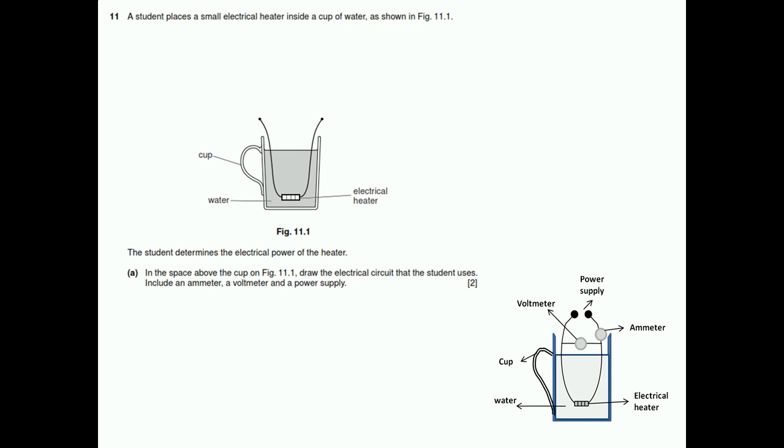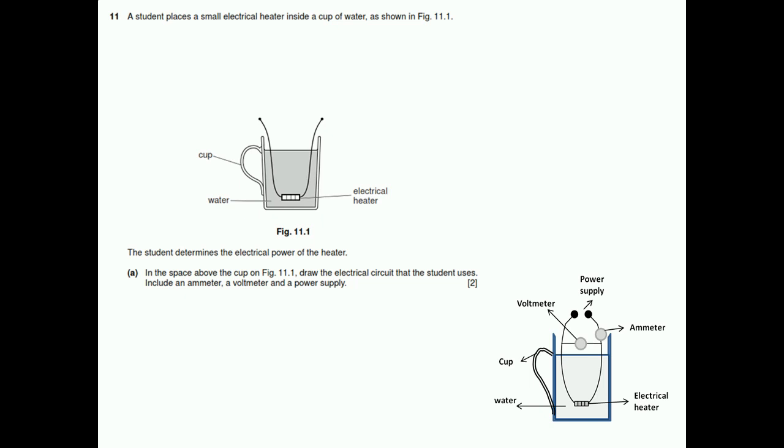Dear student, to answer that question, we must know how this equipment is connected. Power supply is used to give energy to the system, so the two terminals outside the water are connected with the power supply.